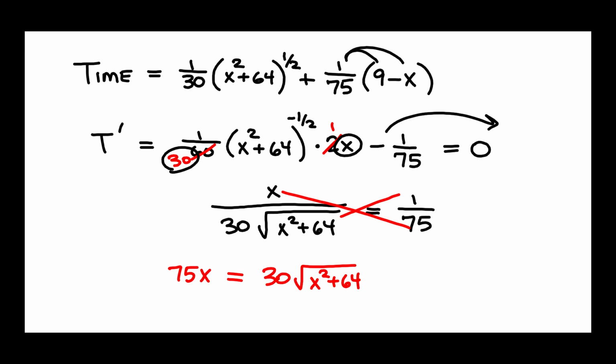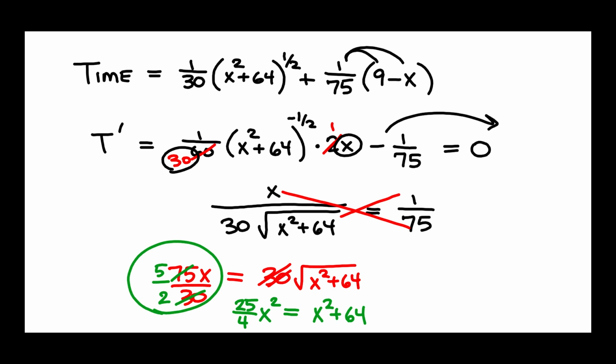Let's not do it. Let's divide by 30 first, because 75 divided by 30, I can simplify that. That'll make the squaring a lot easier. You can divide them both by 15. That's a 2. That's a 5. That goes all the way down to 5/2. There we go. Now we're talking. Now when I square both sides, I don't have to think so hard.